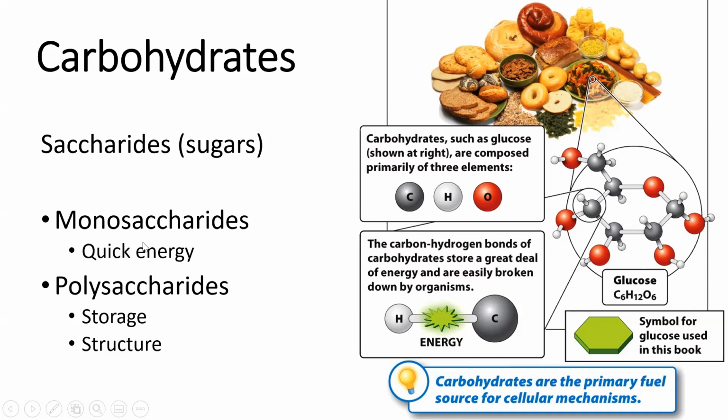So that's going to be quick sugar, or quick energy from the simple sugar, the monosaccharide, and then the polysaccharides, which have two main functions in biological organisms, storage, and also they can help with the structure of some of the biological organisms that we'll be talking about.